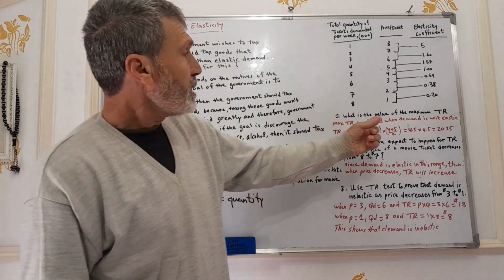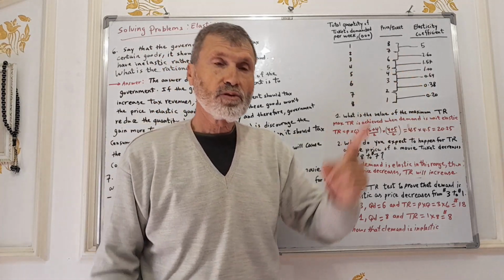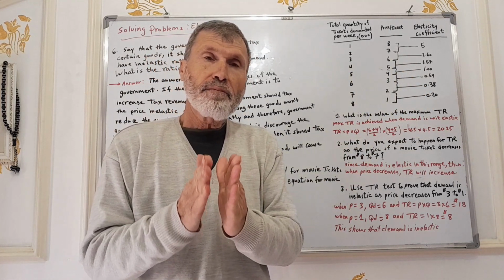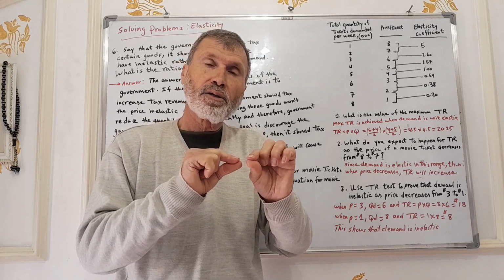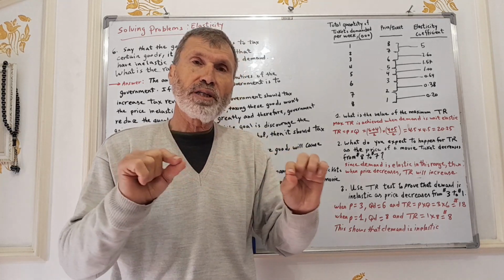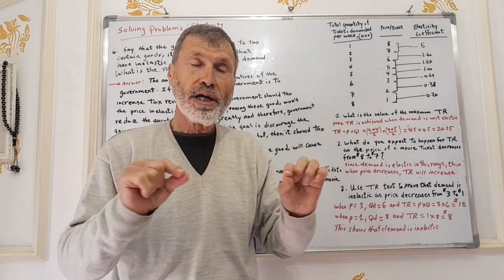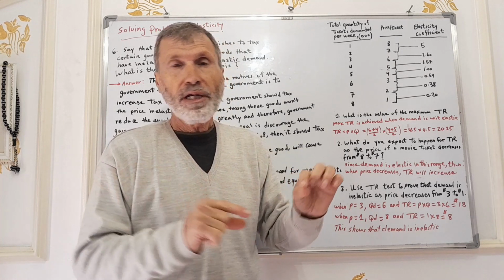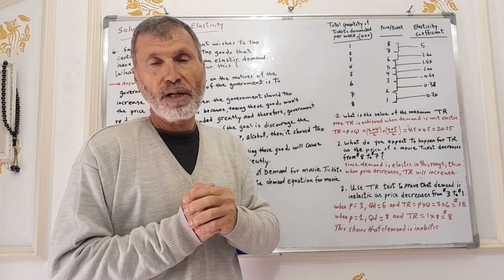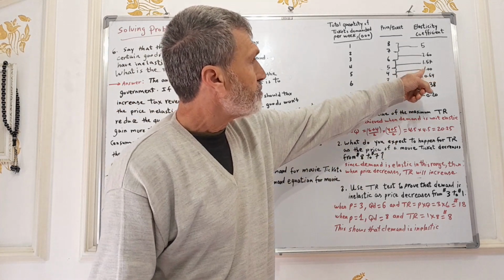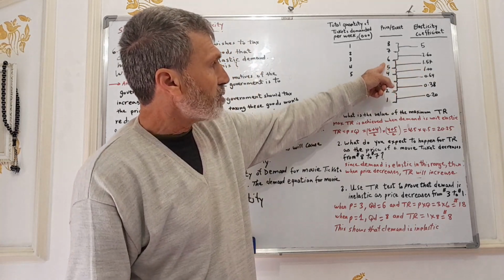Now, what is the value of the maximum total revenue? We gain maximum total revenue in the portion of the demand curve that is unitary, in the middle of that straight line demand curve. So it is here, between 5 and 4.